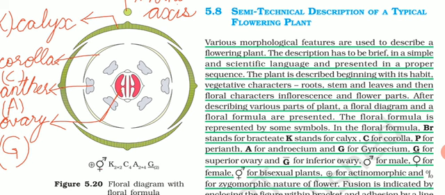That's why we can count the corolla total number as 4. Now coming to anthers, again it is mentioned 2 plus 4. You can see anthers are arranged in 2 further whorls: 2 anthers in the outer whorl, 4 anthers in the inner whorl. That's why it is written as 2 plus 4.